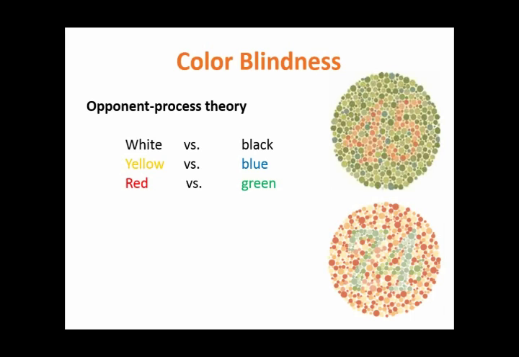Now you might be curious, how does one get color blindness? It's carried on the X chromosome, and so it generally is passed down from your parents on the X chromosome.